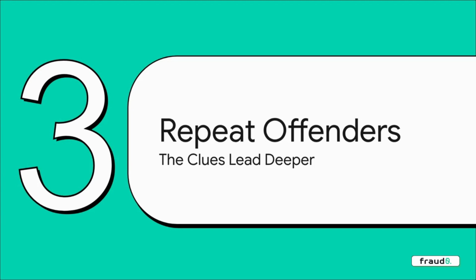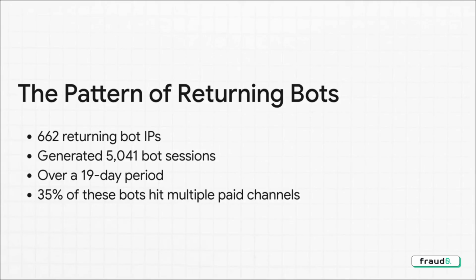We found these repeat offenders who just kept coming back again and again to drain the budget. Just look at these numbers. Over a pretty short 19-day period, this tiny group, just 662 bot IPs, were responsible for over 5,000 fake sessions. And the really scary part? 35% of them weren't just hitting one ad channel. They were systematically clicking on ads from Criteo, Facebook, Microsoft, you name it.